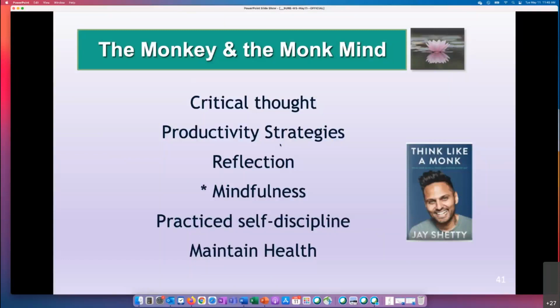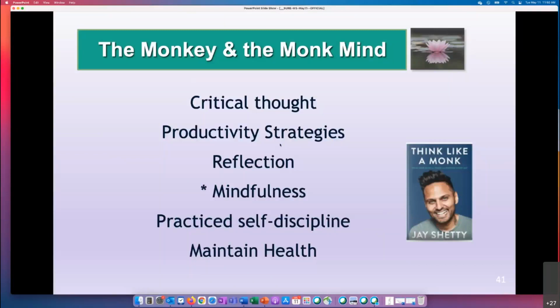Some of the ways that you can develop this monk mind, or the strategies we're talking about, are critically thinking, stopping to think about whether I want to do something, productivity, reflecting, and mindfulness, which, as I said, is very important to me. You can see this book, Think Like a Monk, by Jay Shetty.